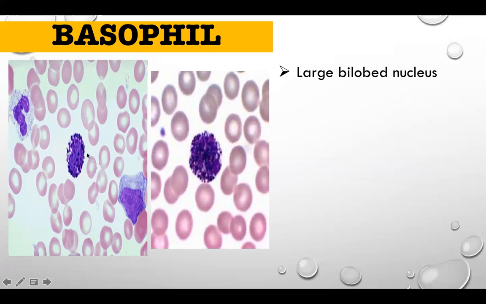It is increased in hay fever, bronchial asthma, hypersensitivity reaction, and allergic rhinitis or allergic dermatitis. They are very specific for IgE antibodies. Although both eosinophil and basophil are increased in allergic reactions, this is specific only for an IgE receptor.